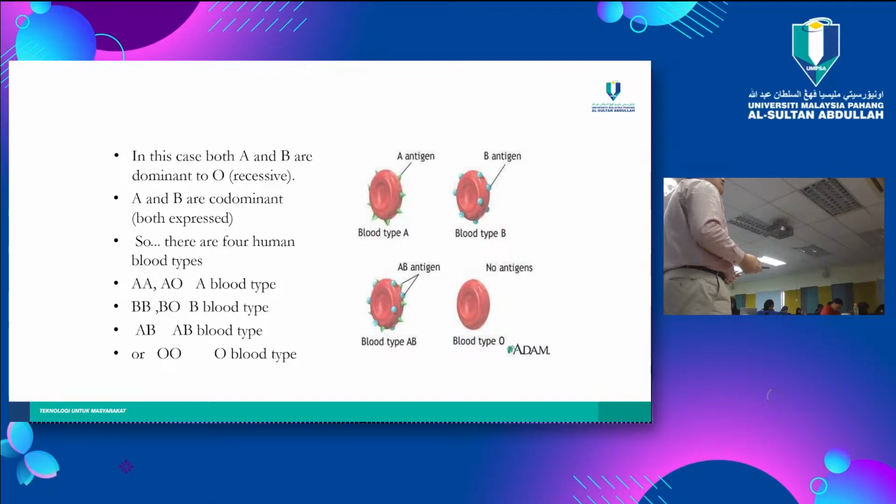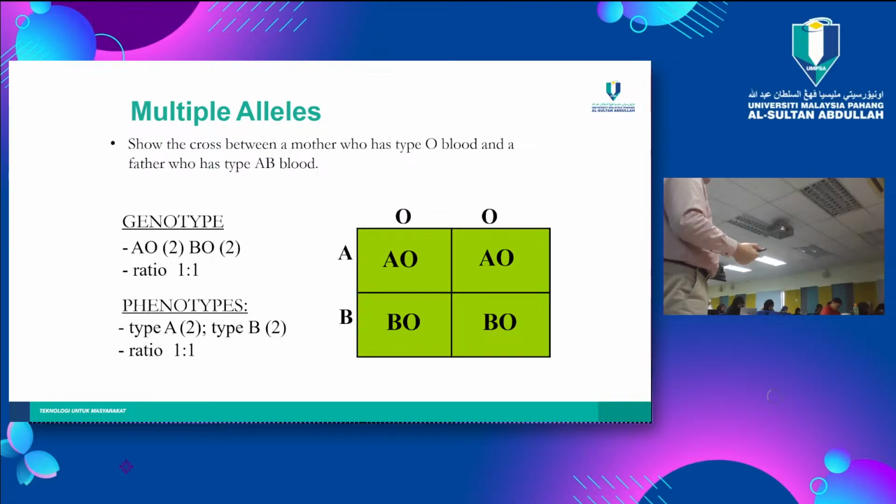This is how blood type A looks. Blood type A has the A antigen, blood type B will have the B antigen, and blood type AB will have both antigens on the blood cell. This is how these blood types phenotypically look in the cell.